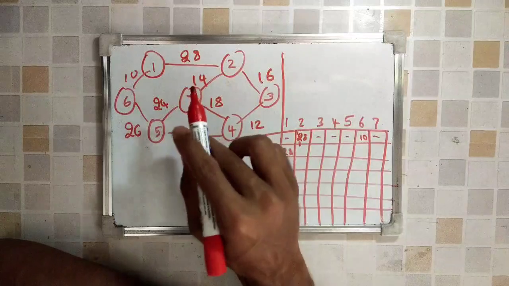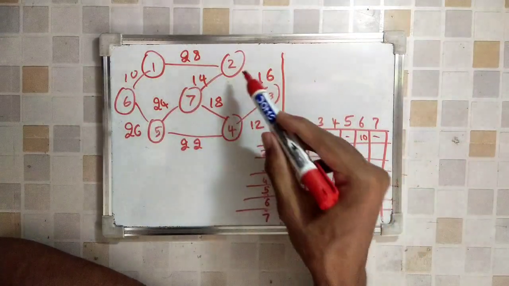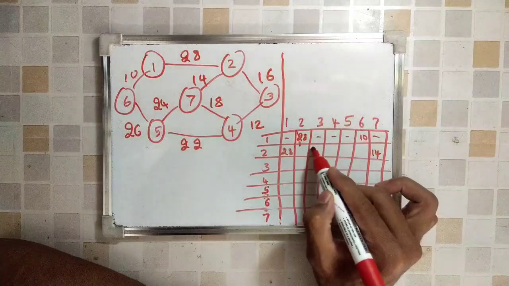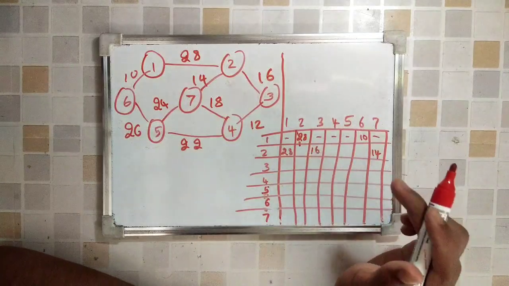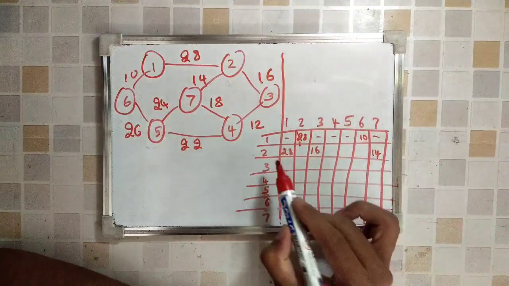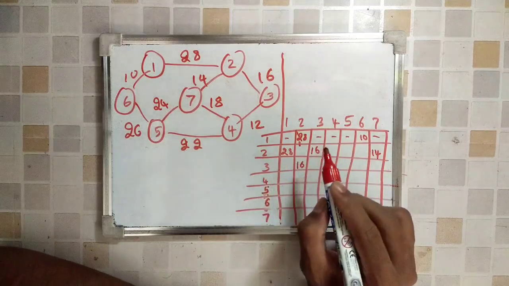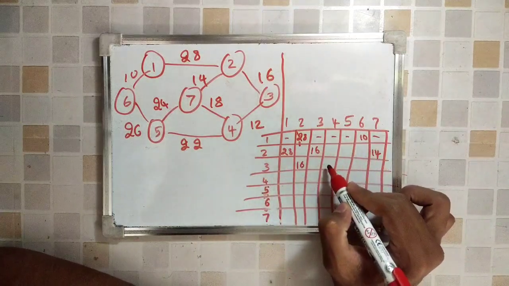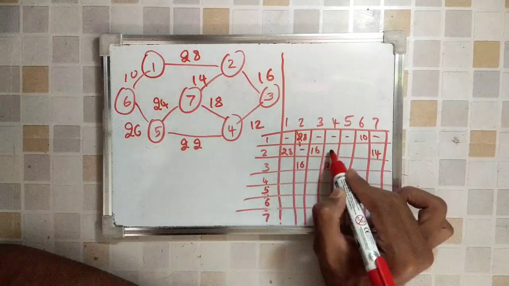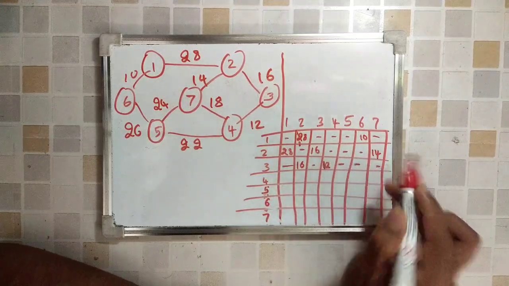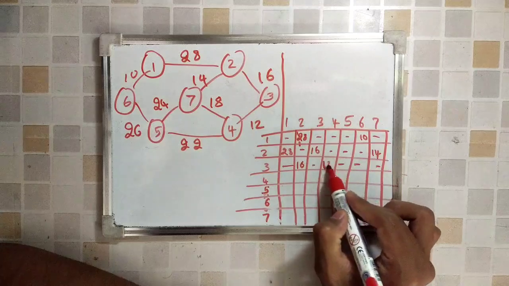So it's not a directed graph, it's undirected. 2 to 7 is 14, and 2 to 3 is 16. Then from 3 to 2 we have again 16, and 3 to 4 we have 12.